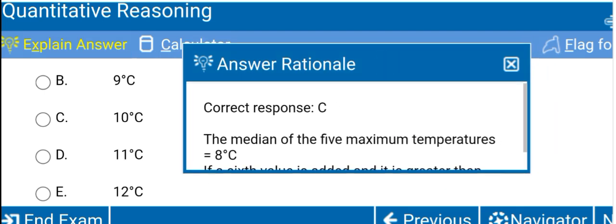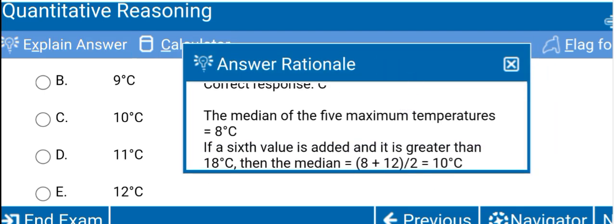The correct response is option C, as the median of the 5 temperatures is 8 degrees centigrade.